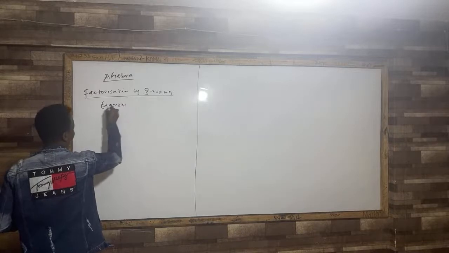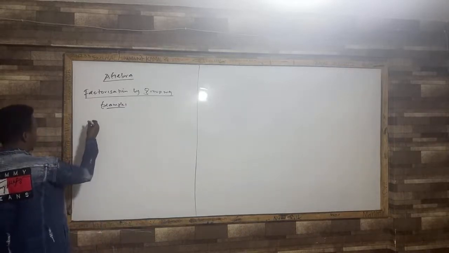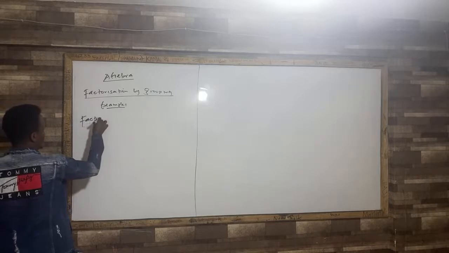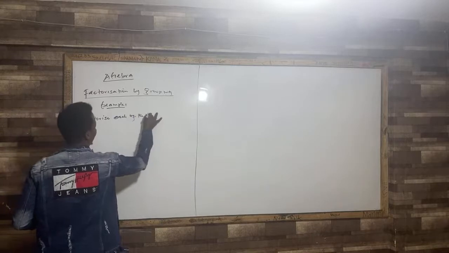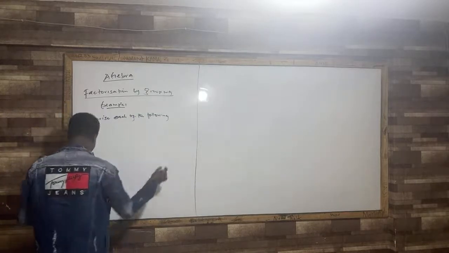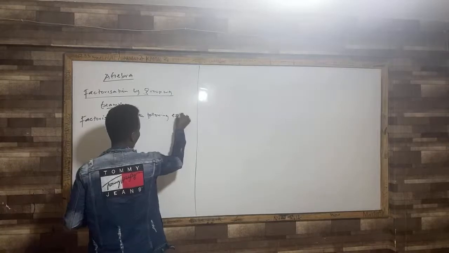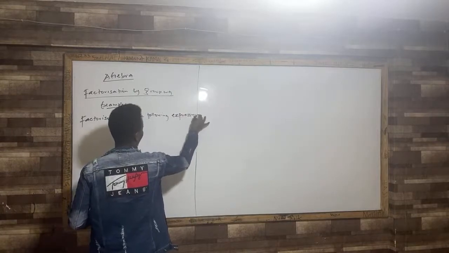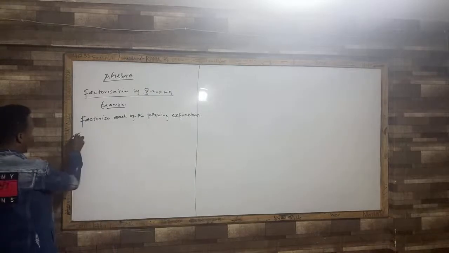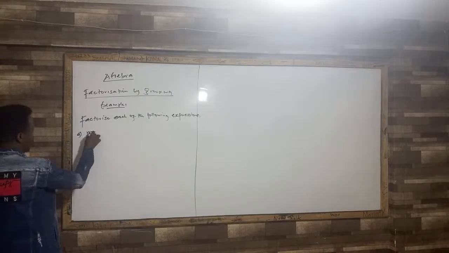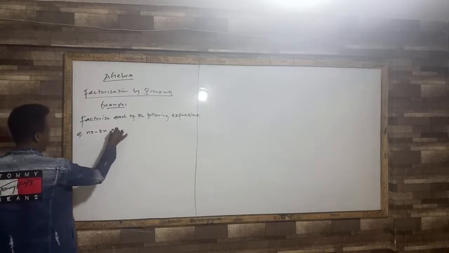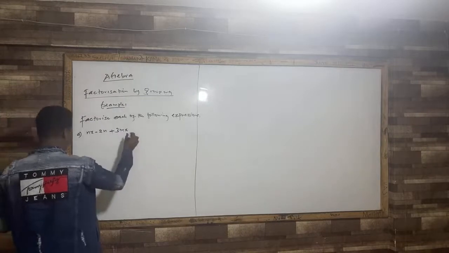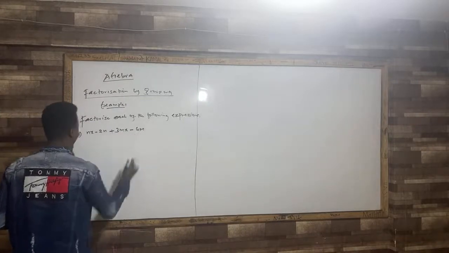Now, without wasting time, this is our example 1. We are trying to factorize each of the following expressions. We have nx minus 2n plus 3mx minus 6m.